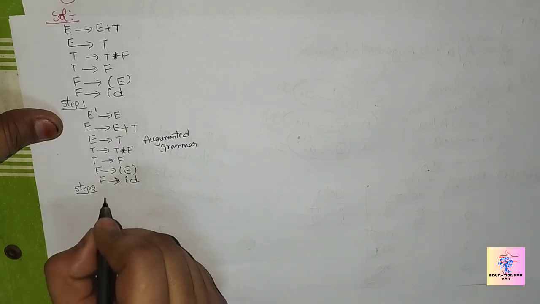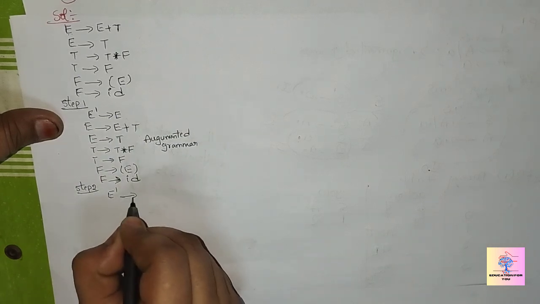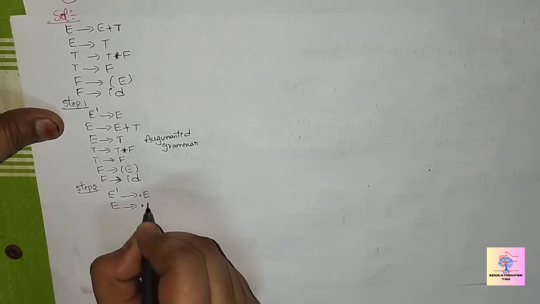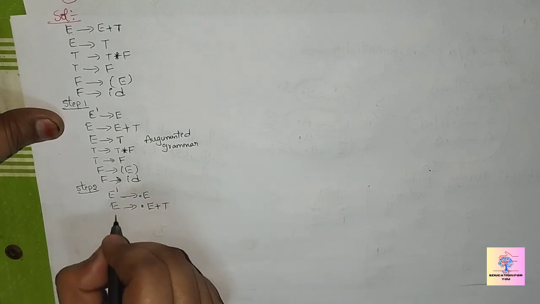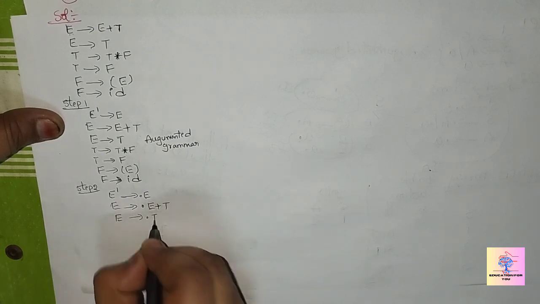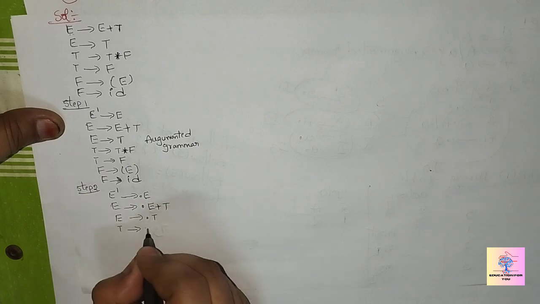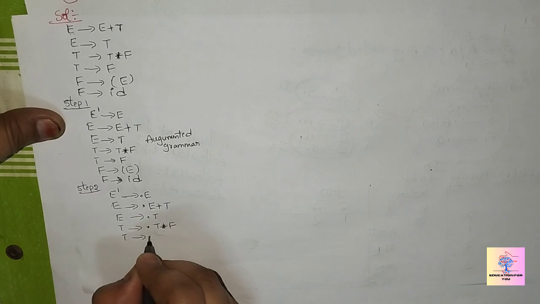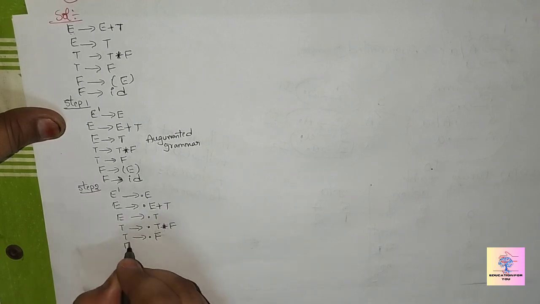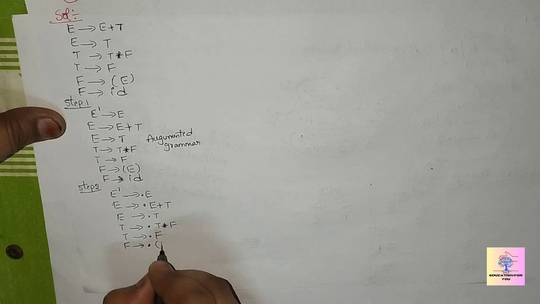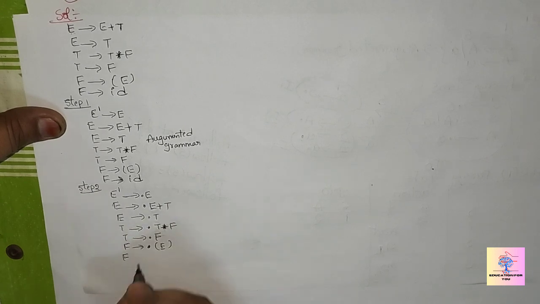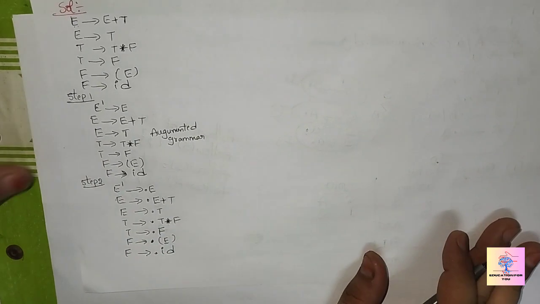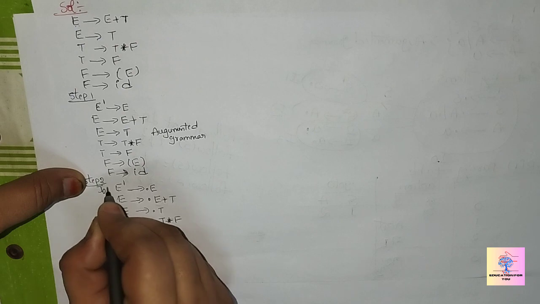So E dash produces dot E. E produces dot E plus T, dot T. T produces dot T star F. T produces dot F. F produces dot parenthesized E, dot ID. Let us take this as the I0 state.